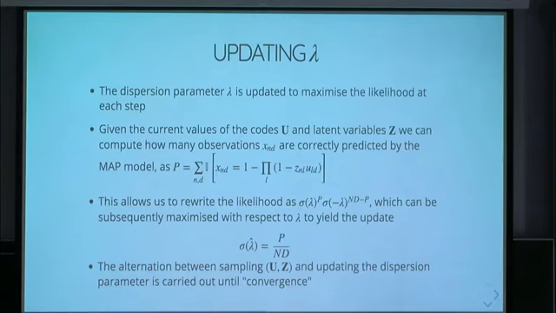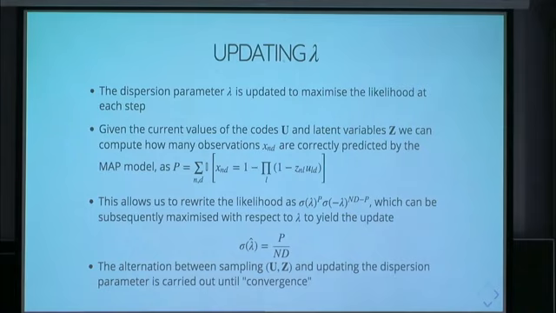Then trivial maximization of that says we can think of lambda as the overall error rate. It says, how well are you doing when you compress down to L codes, how well do you do in reconstructing X? That's the overall error rate.